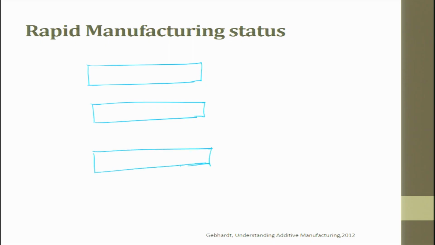Let us see the rapid manufacturing status. Okay. So, I would like to draw block diagrams. This is additive manufacturing. This is rapid prototyping. And this is rapid manufacturing.